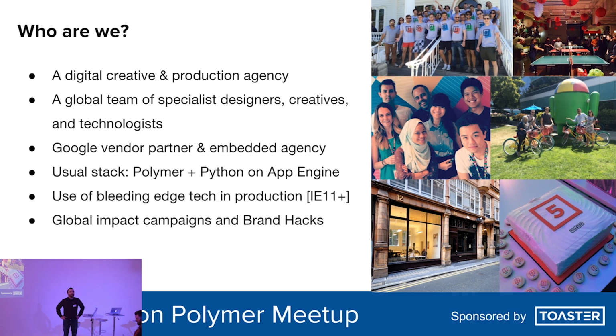We typically support IE11 plus and the Evergreen browsers. We do high impact campaigns as well as brand identities and creative development and production. Recently we've also been involved with brand hacks, which are quick sprints with third-party brands on behalf of Google. That's all for the quick introduction.